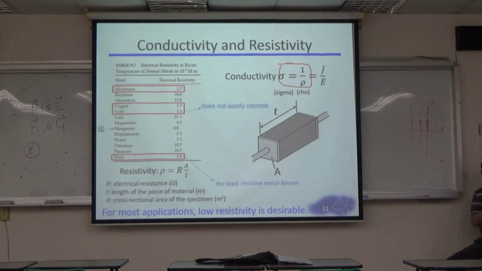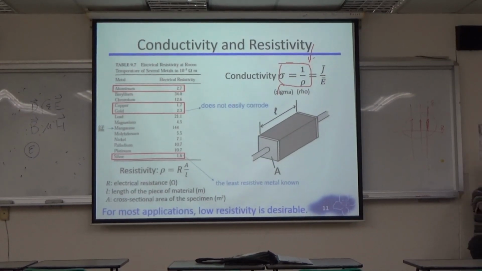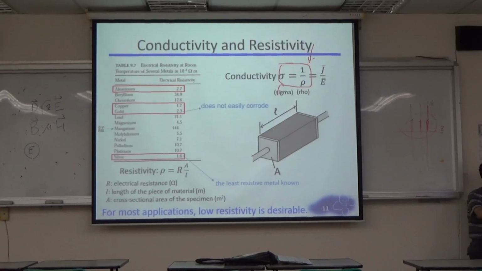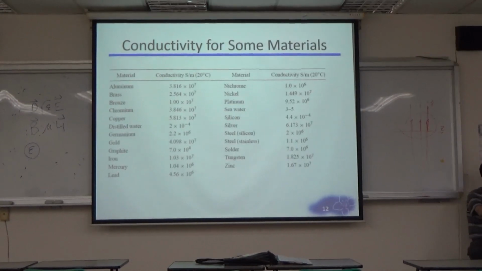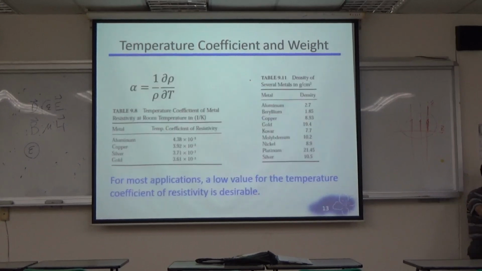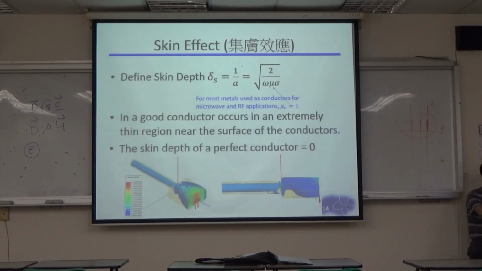So if you have a higher conductivity, you will have a lower resistivity. The definition of conductivity is J over E. This is a list of resistivity, and this is a table of conductivity and the temperature change. Let me just pass it.